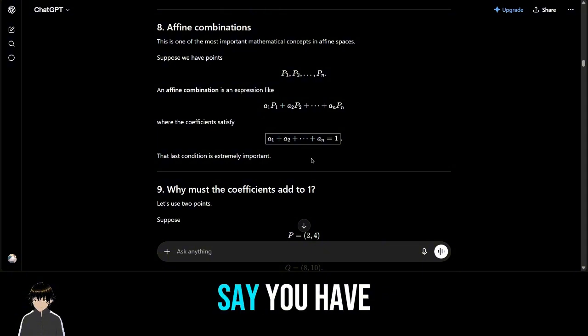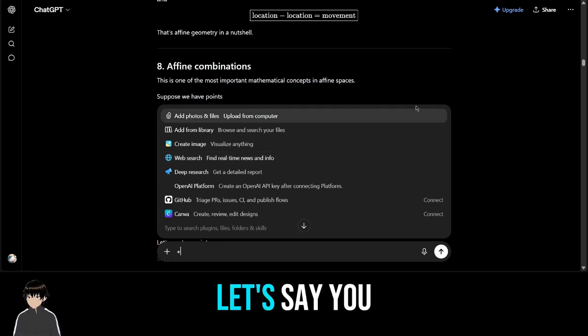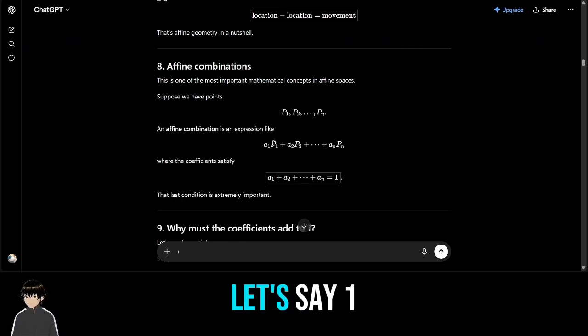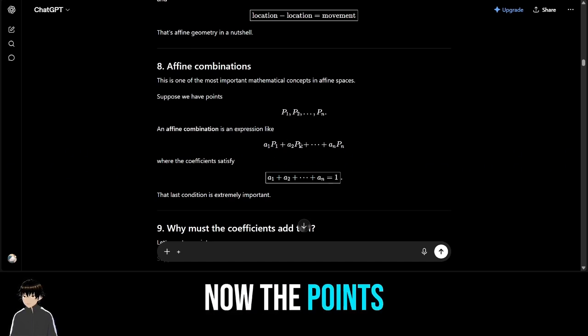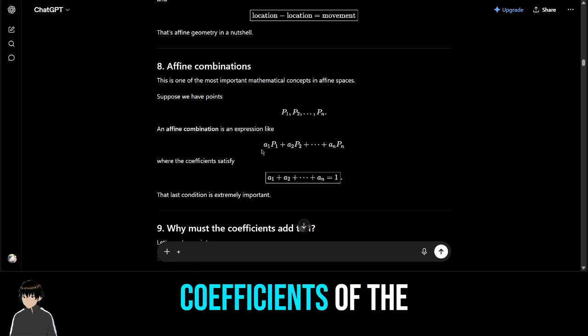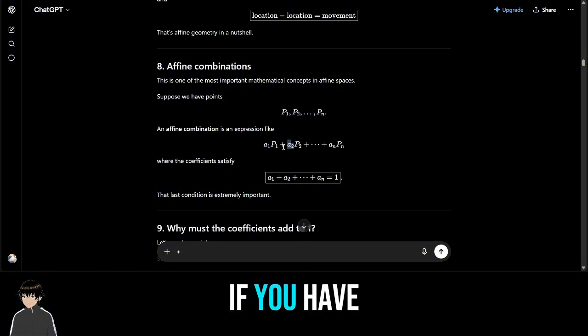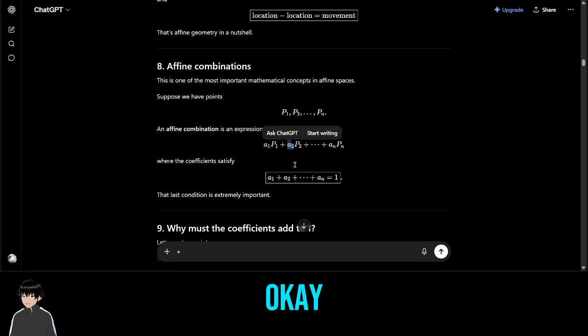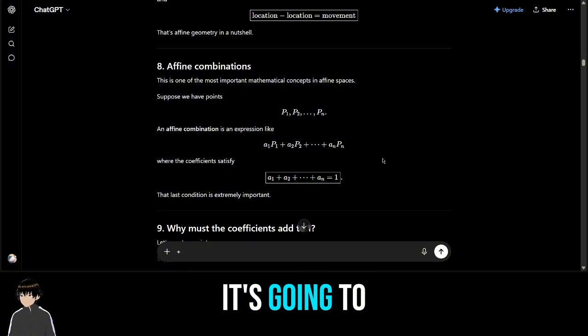Okay, let's say you have this point, 1, 2, and then 3, 4 for point 2. Now the coefficients of the points should sum to 1. For example, if we have a coefficient of negative 1 here and positive 2 here, negative 1 plus positive 2 is going to be 1.